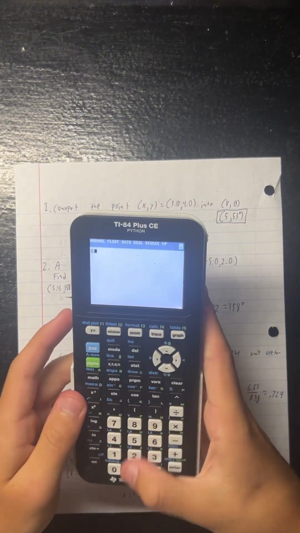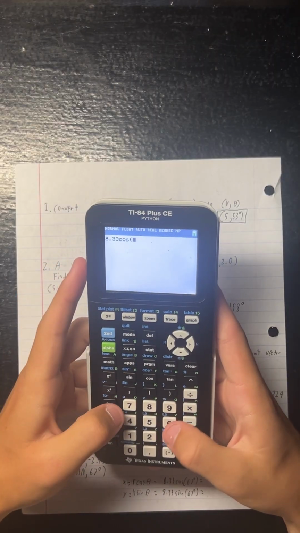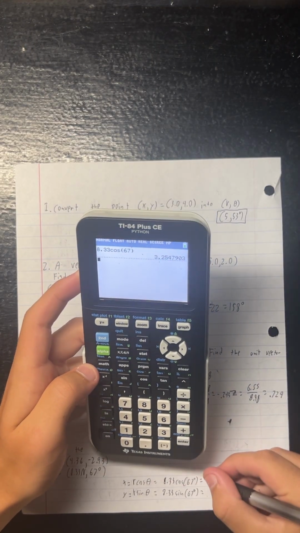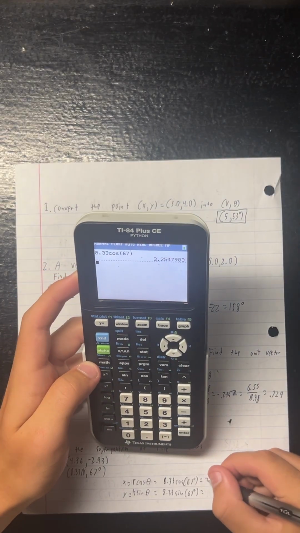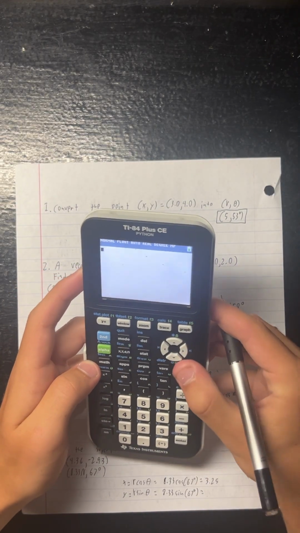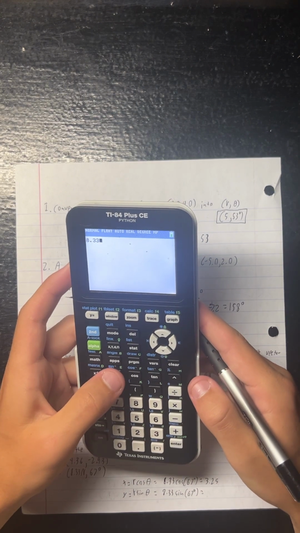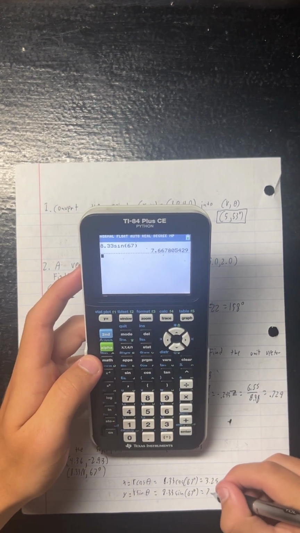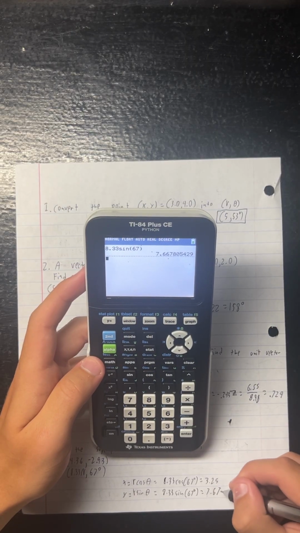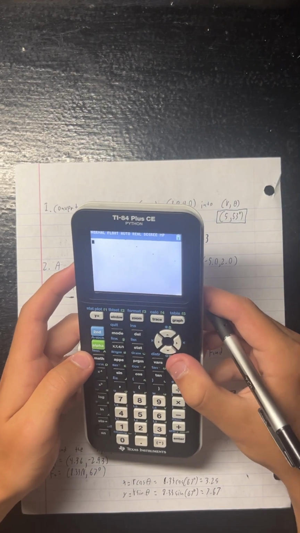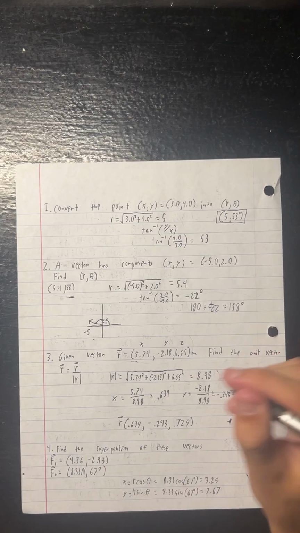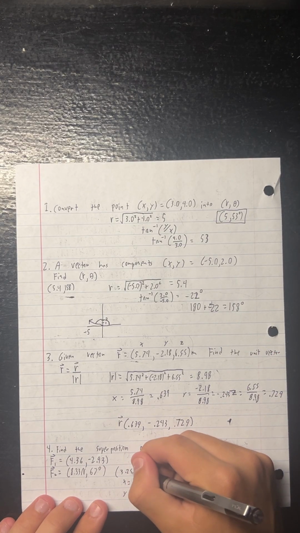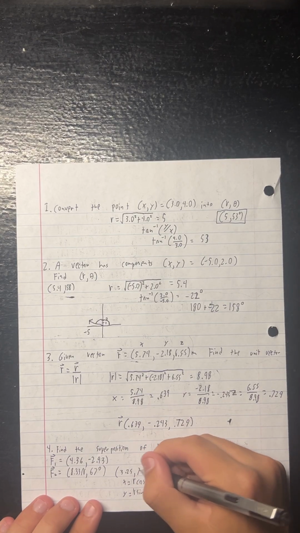So 8.33 cosine 67, and we get 3.25, and then 8.33 sine 67, and we get 7.67. And then our next step is to change this to 3.25 comma 7.67.